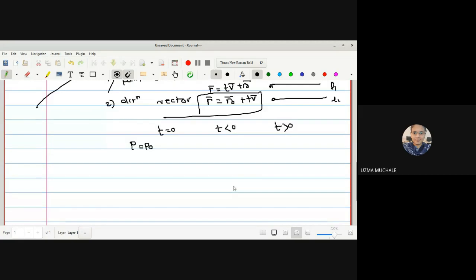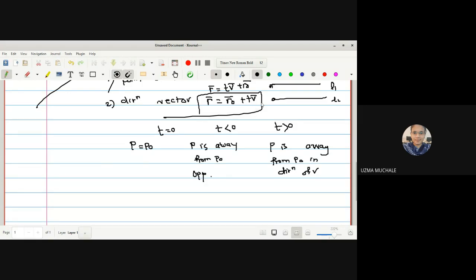So we can say that if t is greater than 0, P is away from P naught in the direction of V. And what will happen for t less than 0? We can say the same thing. P is away from P naught but in the opposite direction, correct?